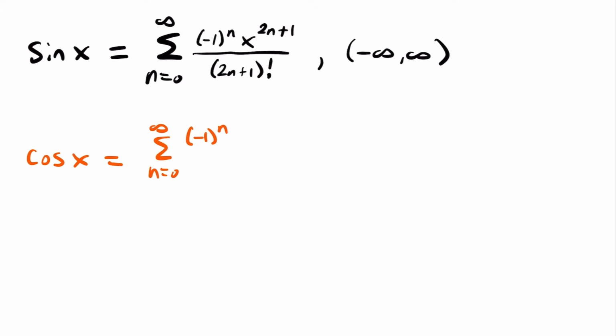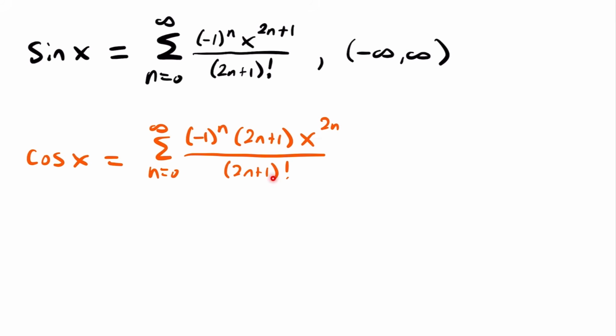So what we'll do to use the power rule of derivatives is multiply this exponent down, so we'll have 2n plus 1, and then we'll multiply it by x and subtract 1 from that exponent. So we'll have x to the power of 2n plus 1 minus 1, but that 1 and that minus 1 will cancel each other out. So we just have x to the power of 2n, and this is all divided by 2n plus 1 factorial.